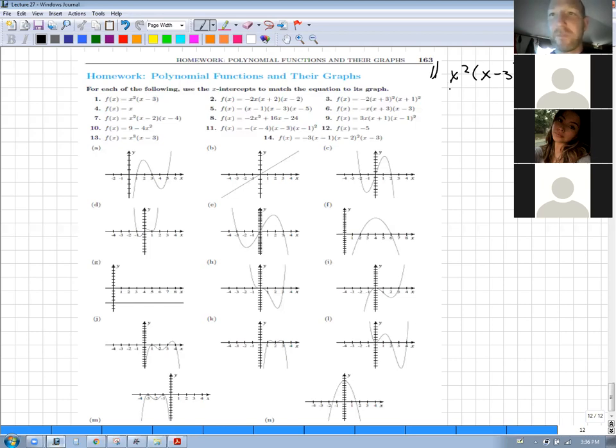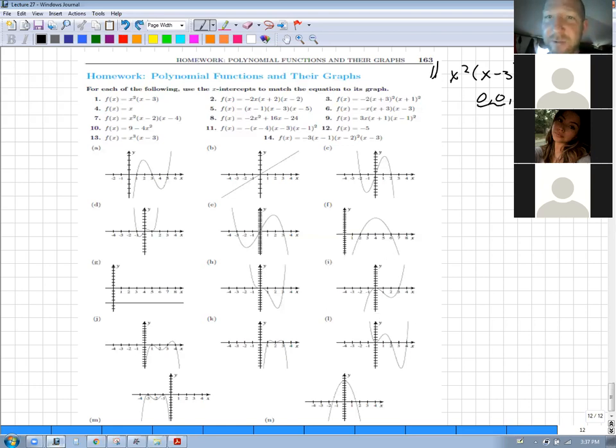Is it E? Below B, maybe. The thing is, this guy, that x squared, what does that tell us? Basically the 3 roots are 0, 0, and 3. Notice 0 is showing up twice. So look at I here.